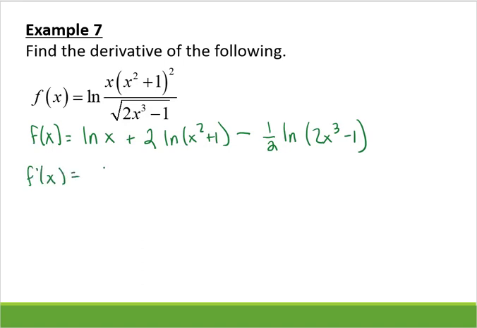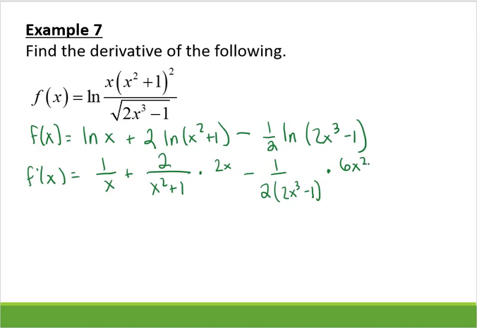So now simplifying, I get 1 over x plus 2 over x squared plus 1. Then I have to take the derivative of the inside, which is 2x, then 1/2, 2x cubed minus 1, times the derivative of the inside, 6x squared.